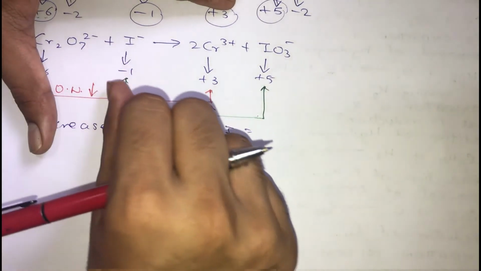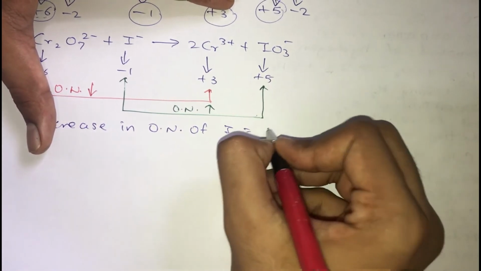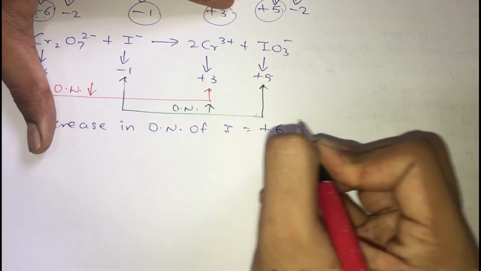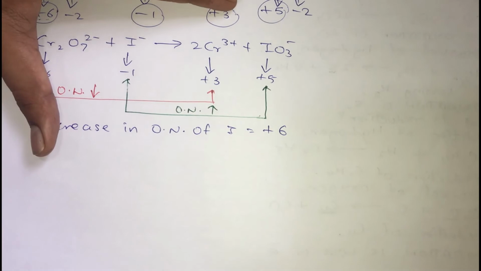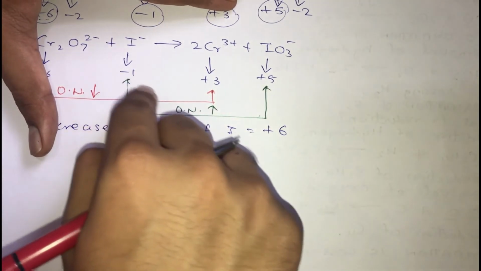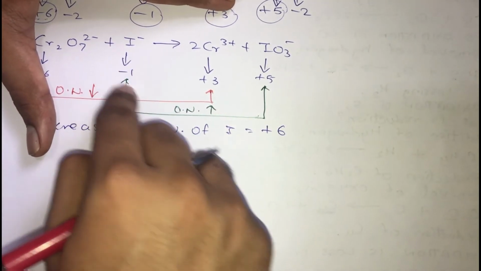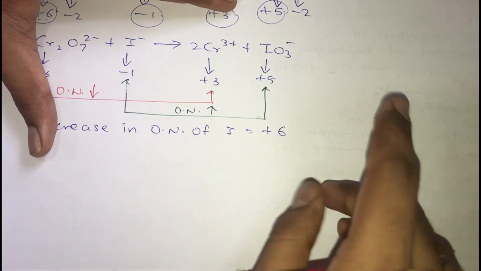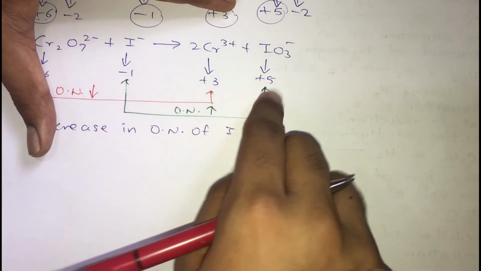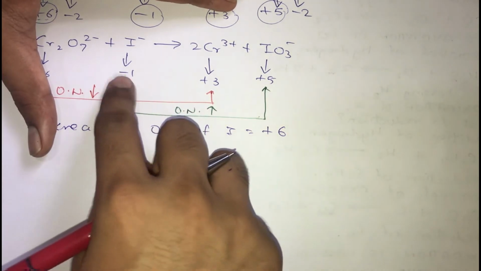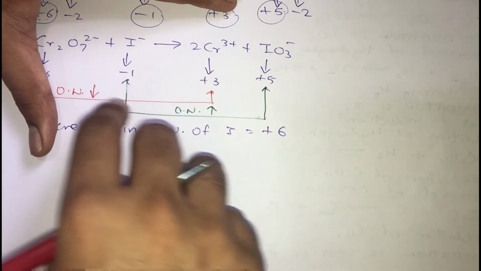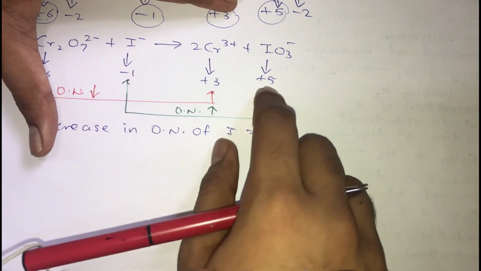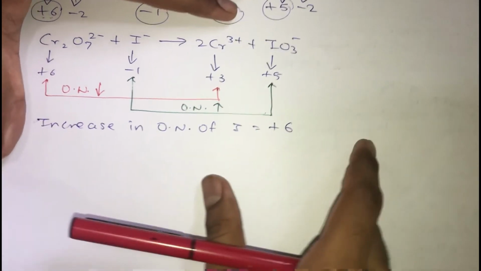So when you go from -1 to +5, you need to add 6, if I am not wrong, guys. If you add 6 to -1, then you get +5. Am I right? Don't make a mistake over here. Many of you might write +4. No, there is a negative sign over here. Don't forget that. So when you are going from -1 to +5, you write +6.